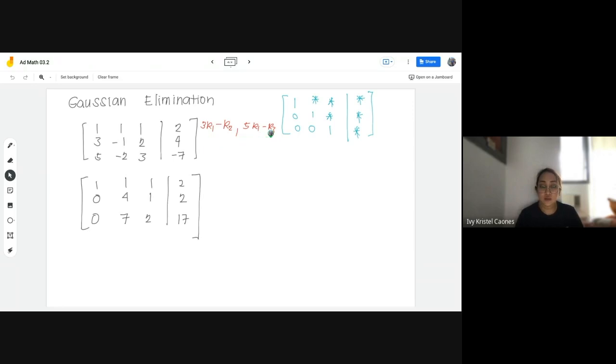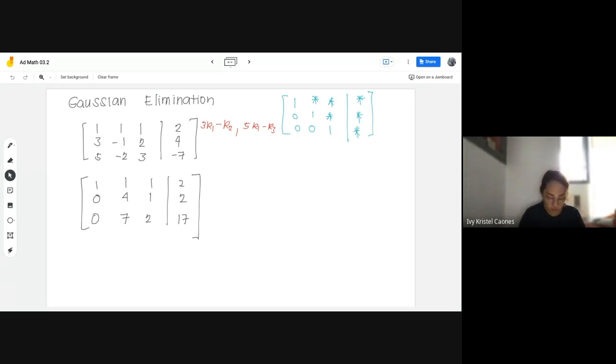After performing this, and you zero all the elements below element 1, 1, our target is to have this as our diagonal. That means you have to make this element the value of 1. You can do that by multiplying it by its reciprocal.